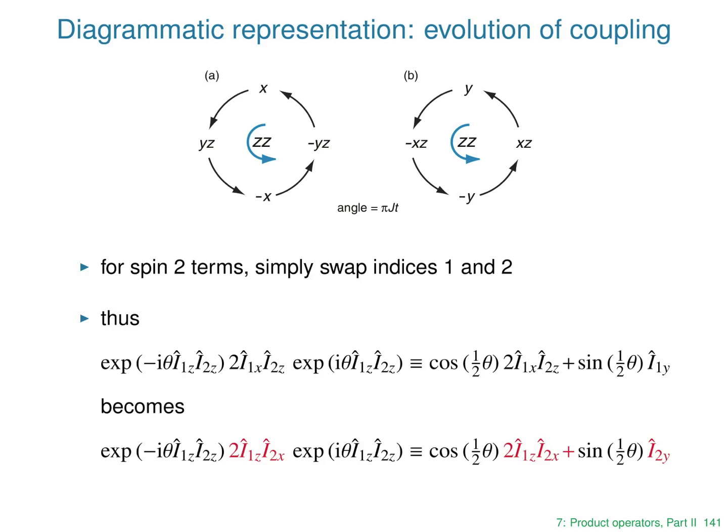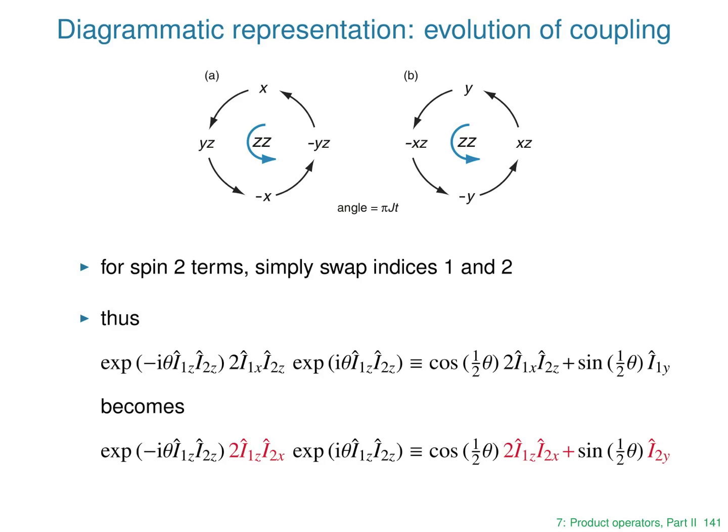You get sine theta over 2 times I1y. If you want to do the evolution of 2I1z I2x, they're just swapped over, the 1 and 2, then it goes to I2y. Right, so these little diagrams apply equally well both ways round.